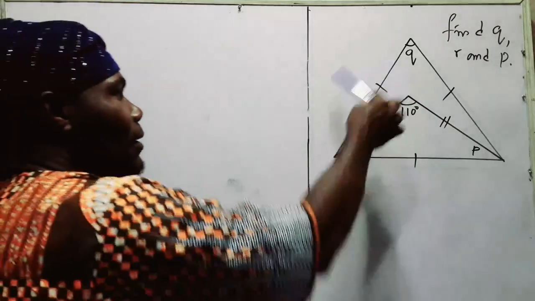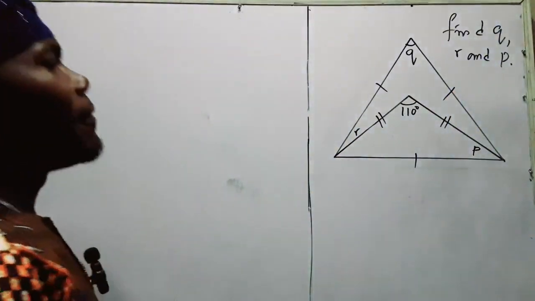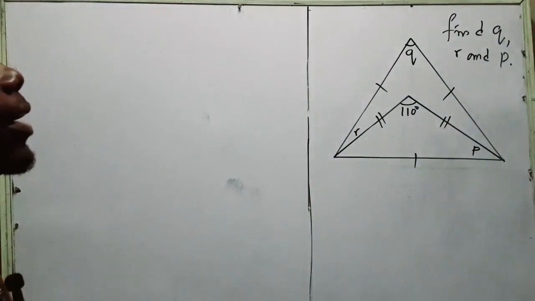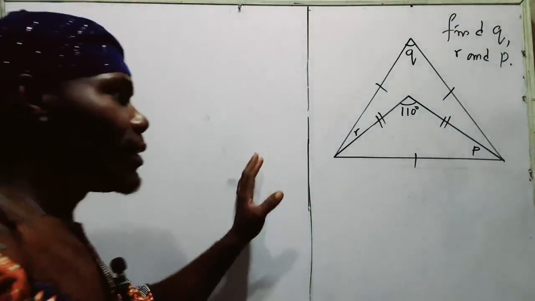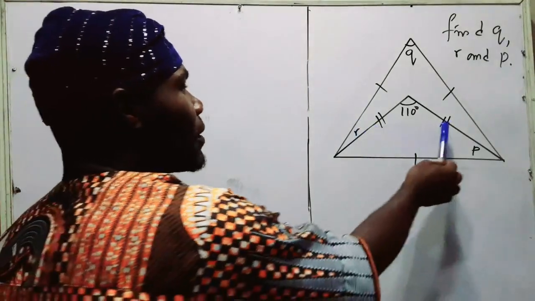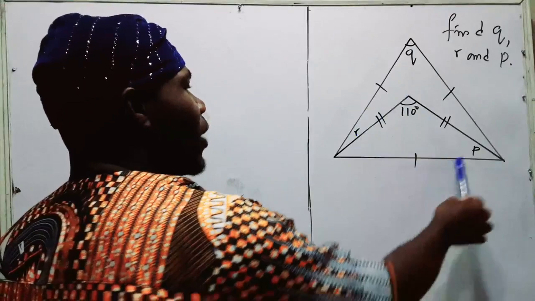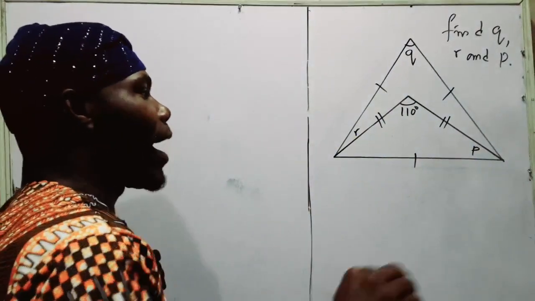And the question is this: you have to find Q, R, and P. In finding the values of Q, R and P, you must understand the properties and the signs. You are able to see these two signs show that the inner triangle is an isosceles triangle.